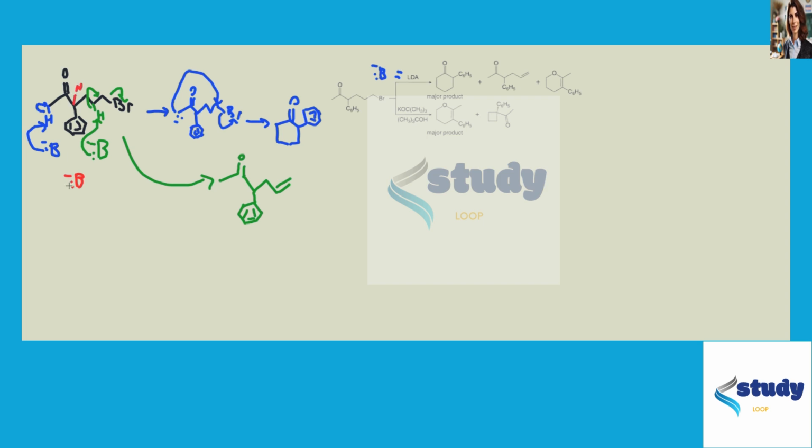So alternatively, your base can pick up this proton to form an enolate, a negative charge here, and I can go through some enol-keto tautomerization to form a new pi bond here, and then this bond will go up to the oxygen.